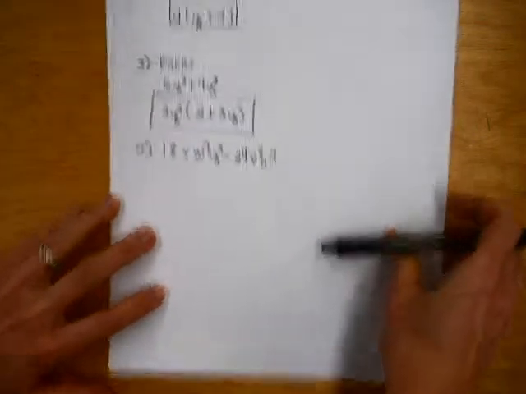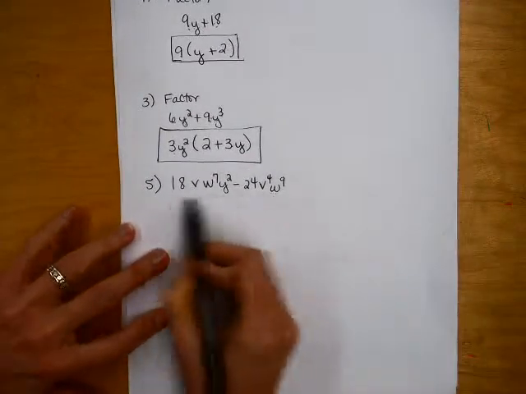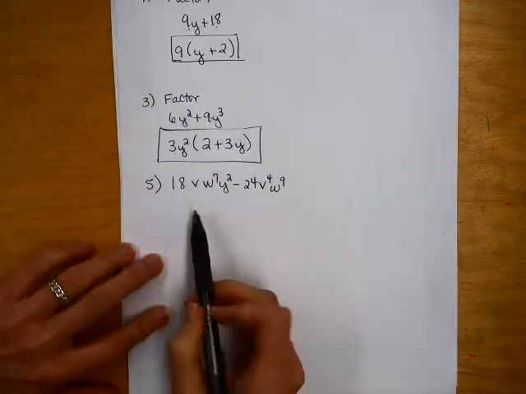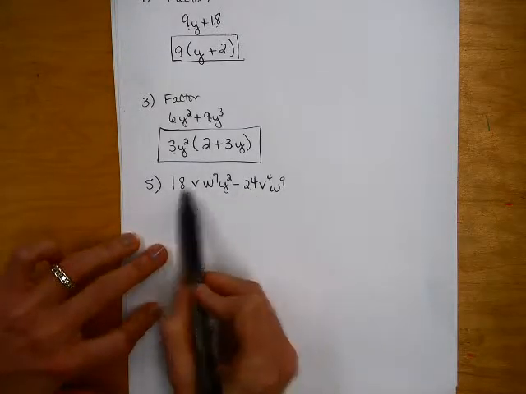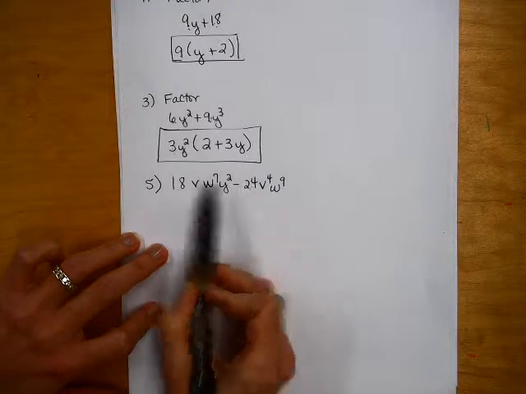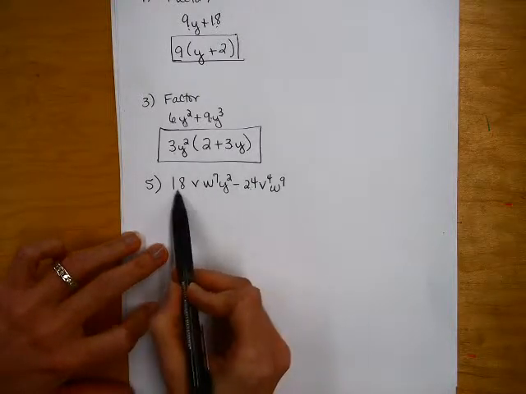Once again, the type of factoring that I'm going to be doing here is GCF factoring. For 18 and 24, I need to think of the largest thing that will divide evenly into both 18 and 24, and that would be 6.